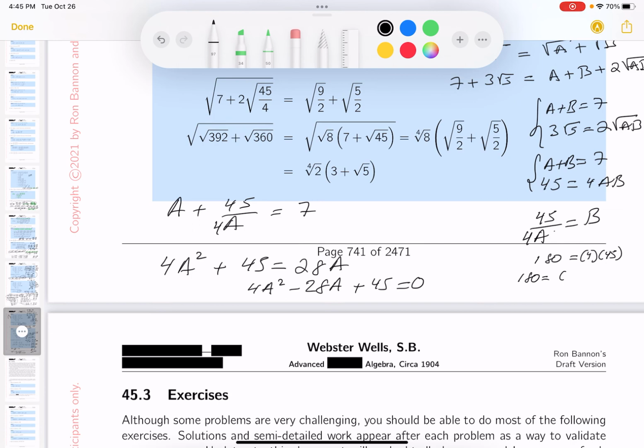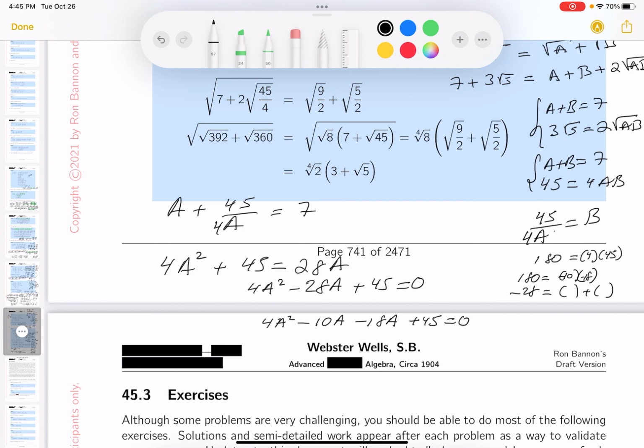I need 2 numbers that multiply to 180. And the same 2 numbers have got to add up to minus 28. Well, it looks like minus 10 and minus 18. All right, looks like it's going to work out pretty nice. Let's write this down. 4A squared minus 10A minus 18A plus 45 equals 0.